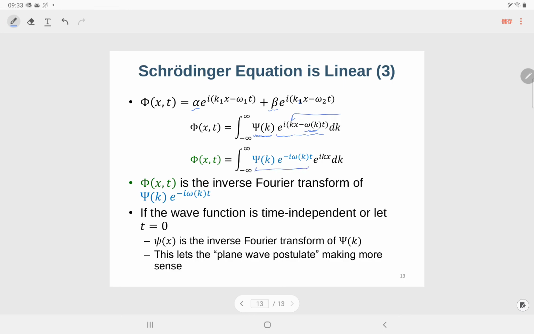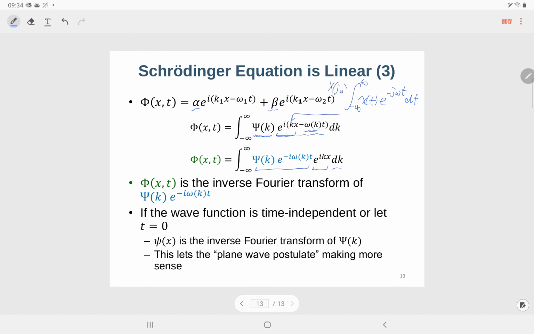In this case, we can just separate that. This one is a function of k, and then we have these parts. This is exponential to ikx dk. So this looks very similar, right? This looks like a Fourier transform. Maybe you learned this in signals and systems. It's like x(t) exponential to minus j omega t dt, something like that.